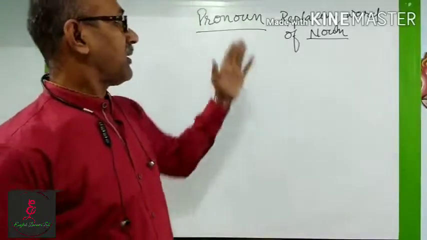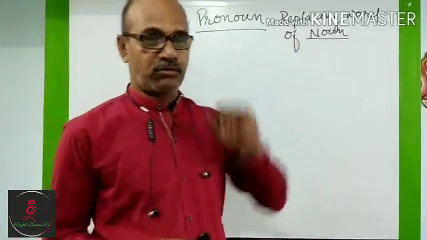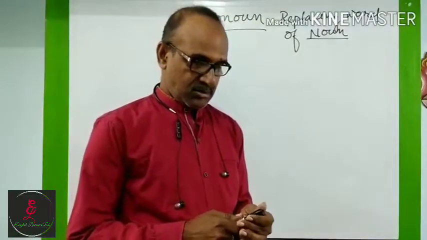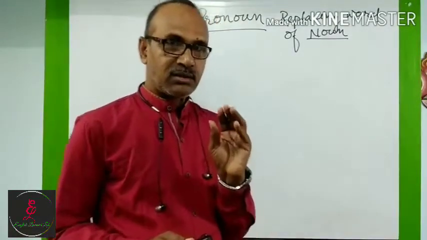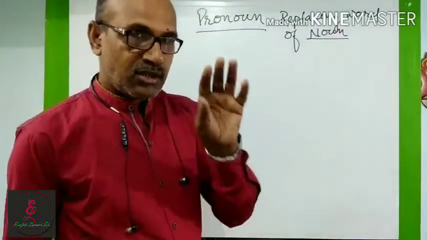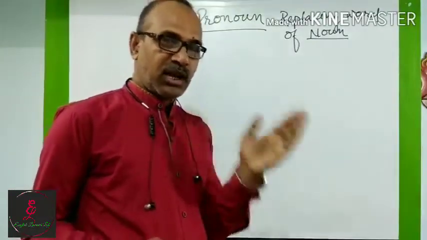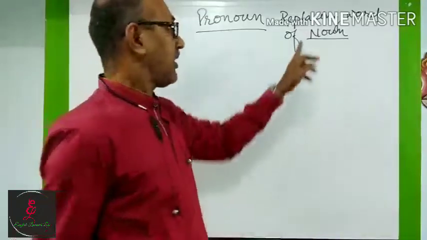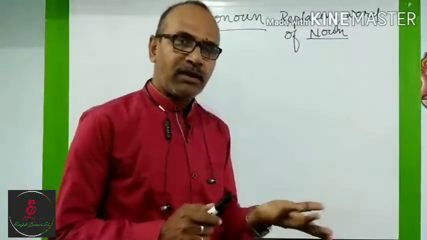Today in this session we will discuss another component of grammar, that is pronoun, which is known to be a replacing word of a noun. So in this section we will discuss such a term which can be replaced for a noun. So why?